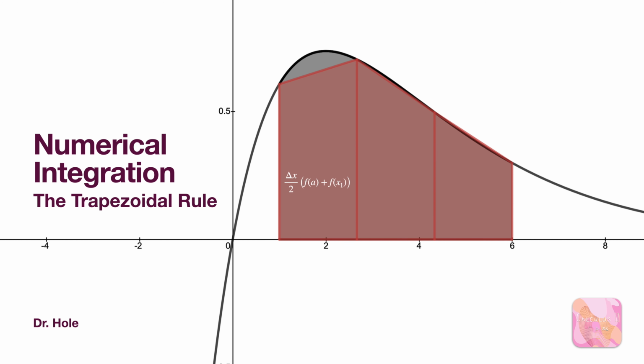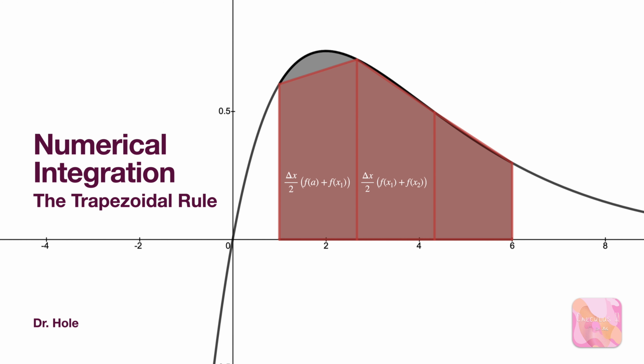Very nice. Let's see what happens in the second trapezoid. What is its area computation? So delta x over 2, it's the same base. And then note that we reuse f at x sub 1 because this second trapezoid shares this height. And then the second trapezoid has a second height, f at x sub 2.